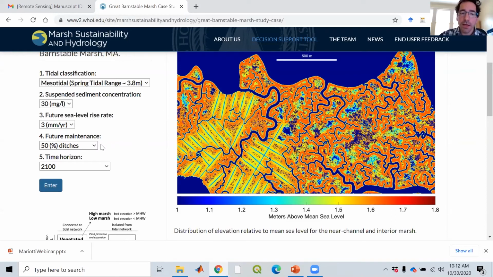What if we maintain 50% but at a lower elevation? So maybe we do it as a runnel, and you can see that now they are maintained and not so much elevation. So they are shallower, and also the surrounding area gets less subsidence because of the runnels.